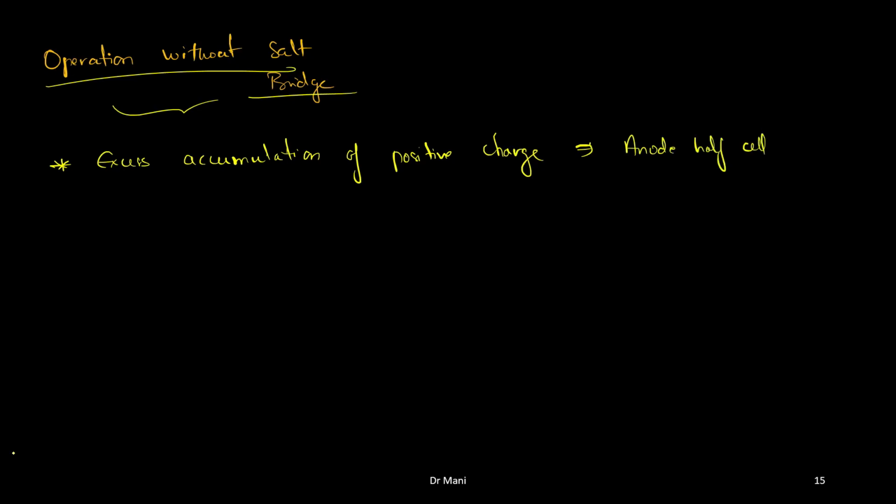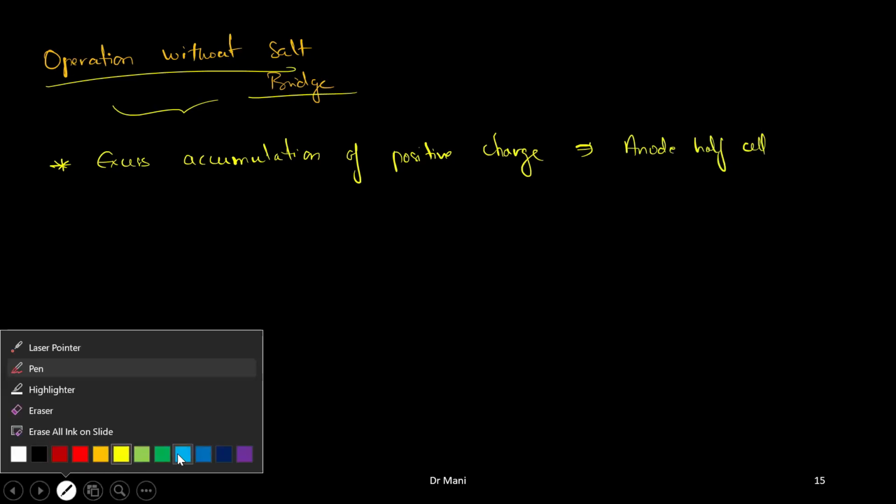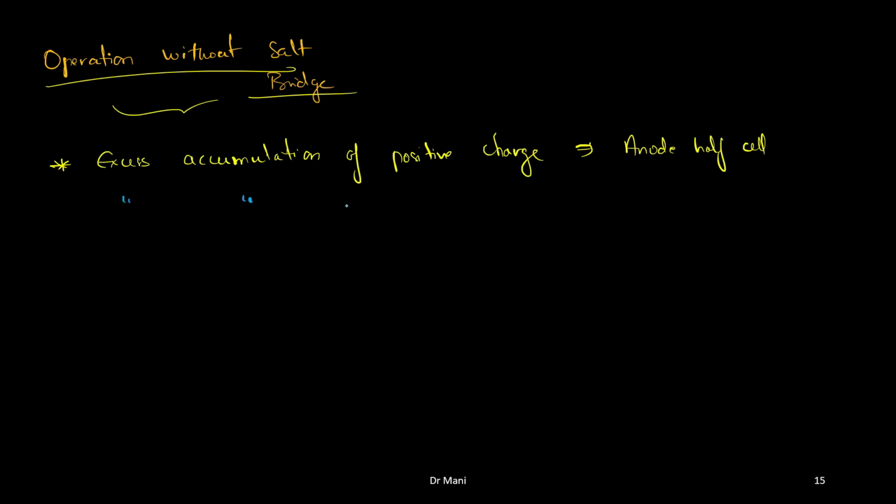So what happens in the cathode? There will be excess negative charge. Yeah, so there will be excess buildup of negative charge in the cathode of the cell.